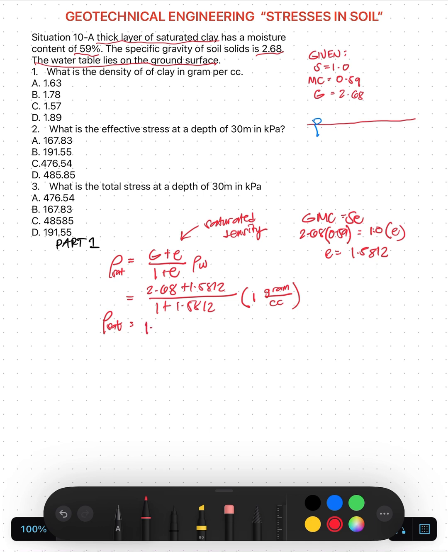So that is 1.65 gram per cm cubed, which is equivalent to letter A. There is no other choice that is nearest to our answer, so we'll choose letter A.